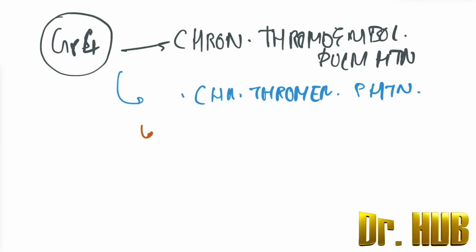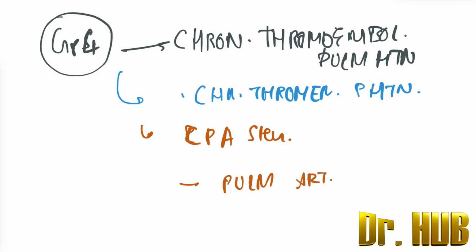Next, it also includes congenital pulmonary artery stenosis. Then comes pulmonary arteritis as well as pulmonary angiosarcoma. So this was about group 4.